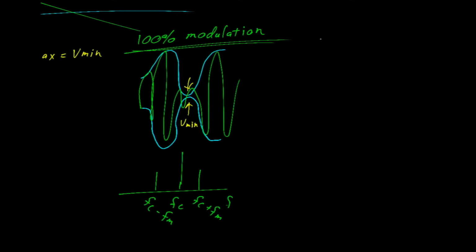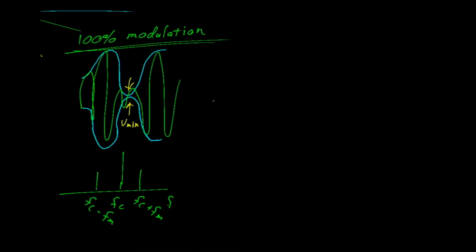While we're on the topic of 100% modulation, you should know that power total is equal to the power in the carrier plus the power in the lower sideband plus the power in the upper sideband. And that ends up being 1 unit in the carrier plus a quarter unit in the lower sideband and a quarter unit in the upper sideband.